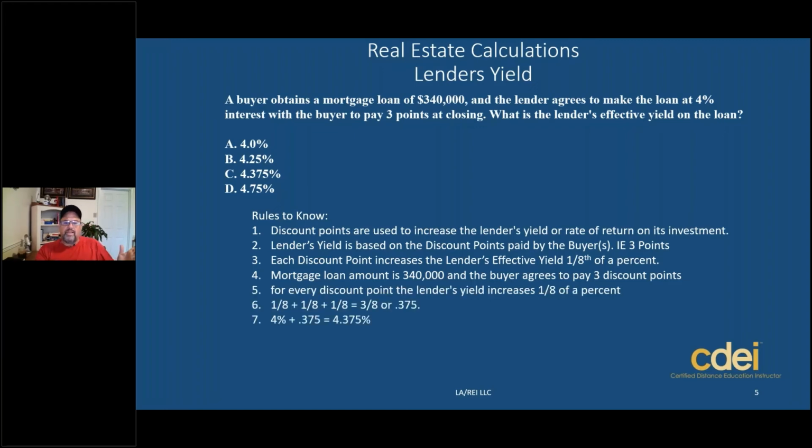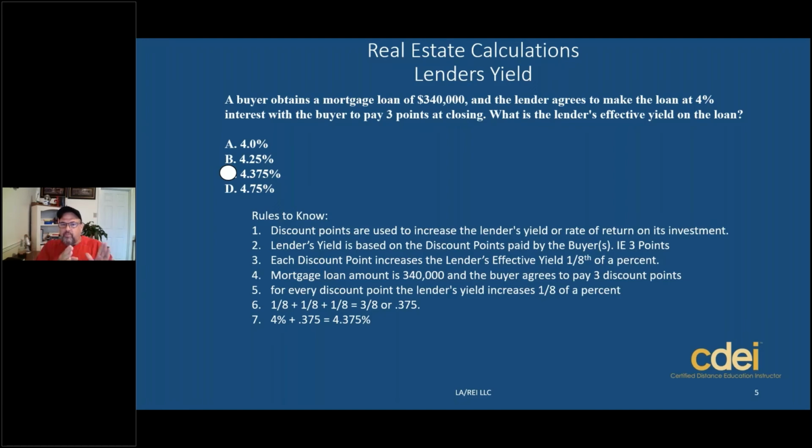I can do it two ways. I can say 3 times 1/8 and get 3/8, or I can go 1/8 plus 1/8 plus 1/8, which gives me 3/8. Either way, it gives me 0.375. And all I have to do is add that to my original interest. So my answer is going to be 4.375, answer C. Basically, when it comes to the lender's effective yield on the loan, step 3 is that each discount point increases the lender's yield 1/8%.